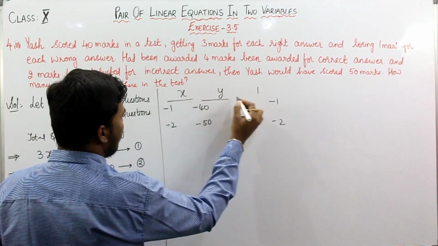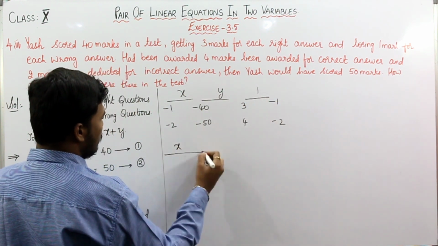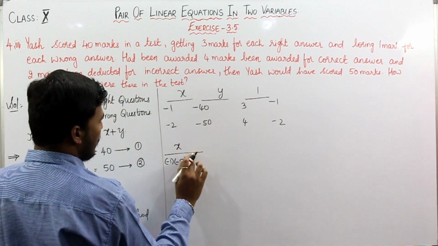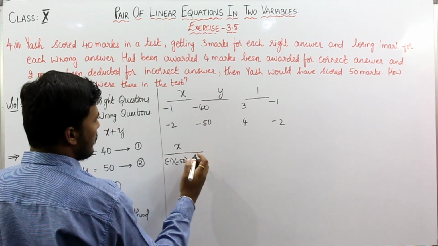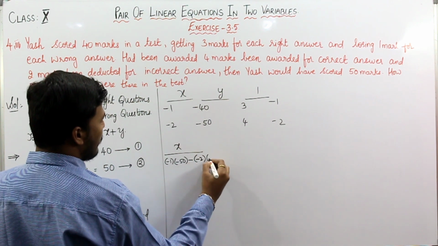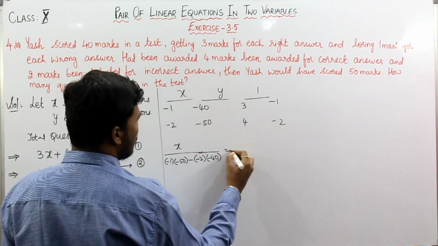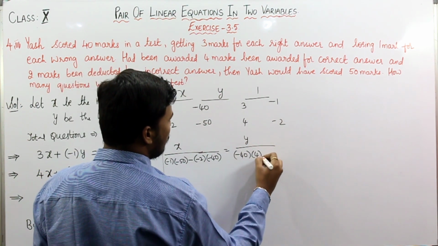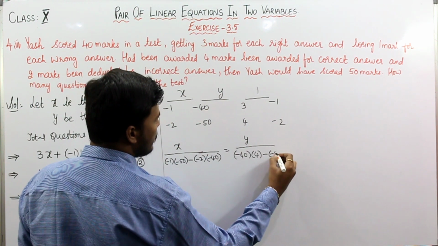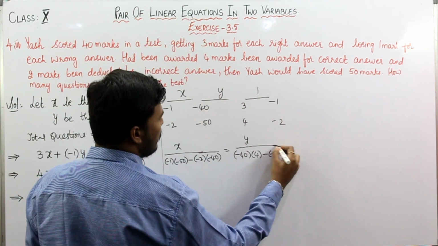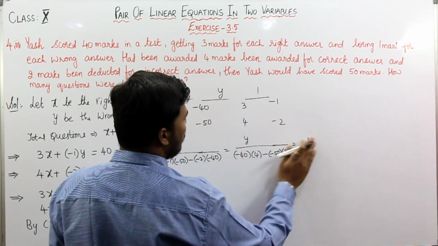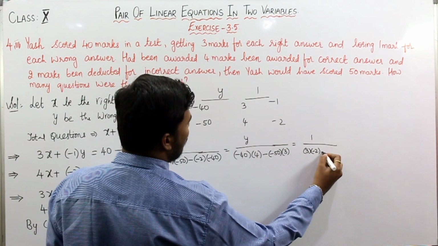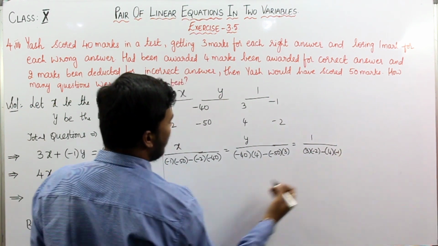So x by, y by, 1 by, x by minus 1 into minus 50. Already we will get one minus here because it is from the bottom. Minus of minus 2 into minus 40 is equals to y by minus 40 into 4 minus, again one more minus we have, minus 50 into 3 is equals to 1 by 3 into minus 2 minus 4 into minus 1.